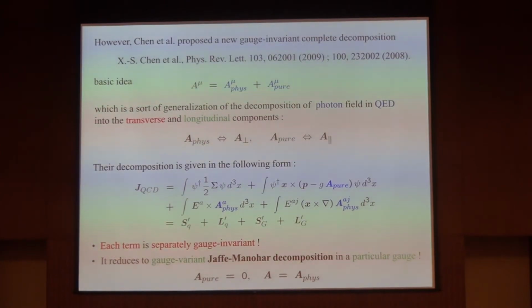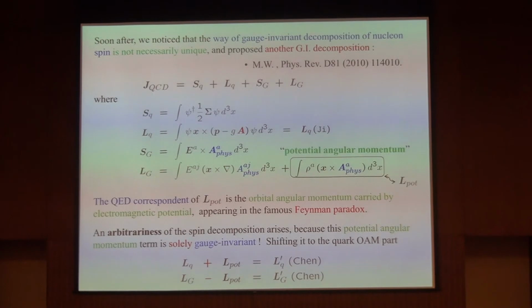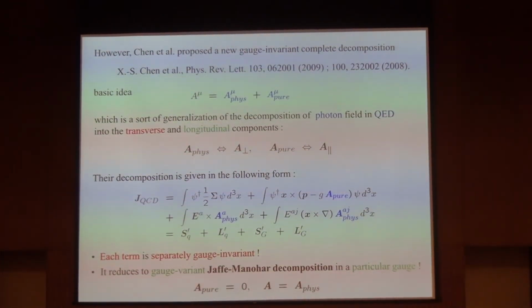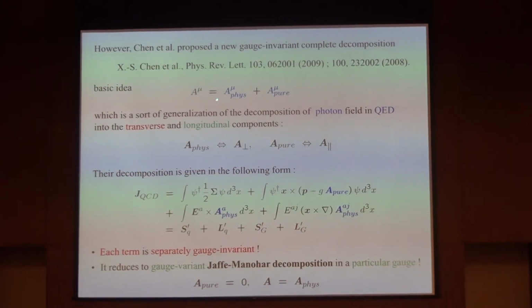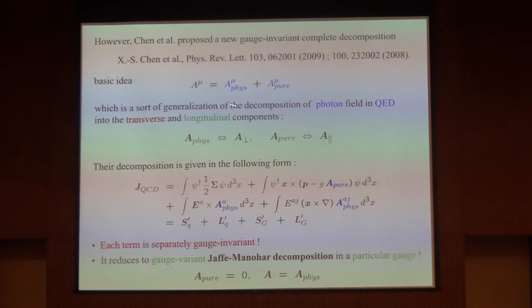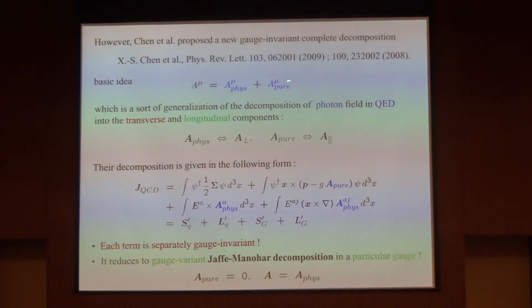However, several years ago, Chen, Lu, Sun, Wang, Goldman, et al. proposed a new gauge invariant decomposition. The basic idea is the decomposition of the total gluon field into the physical component and the pure gauge component, which is a sort of generalization of the decomposition of the photon field in QED into the transverse component and the longitudinal component.